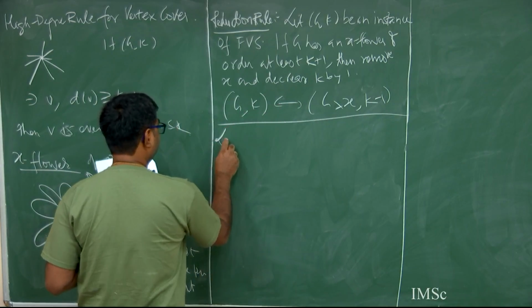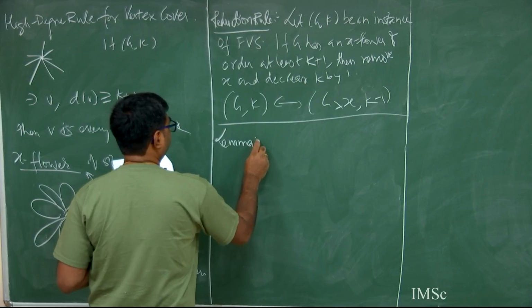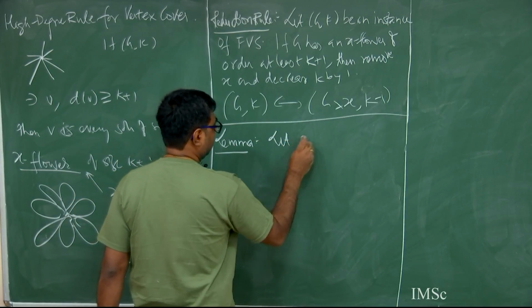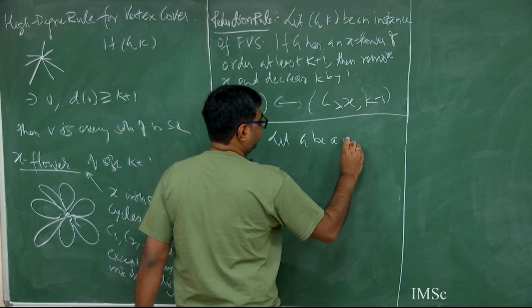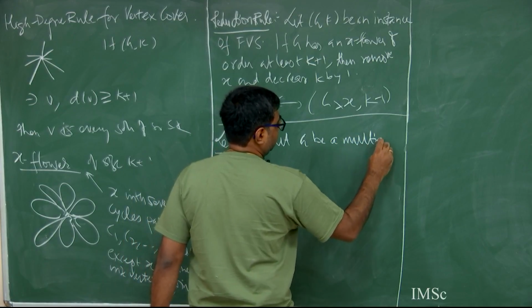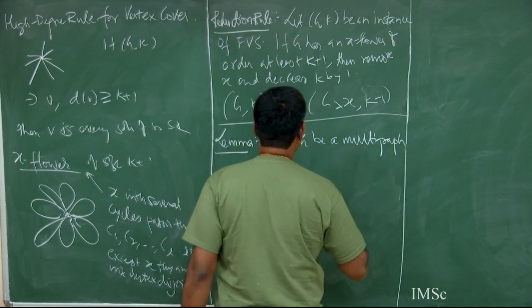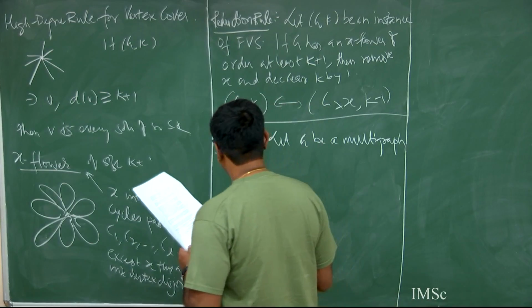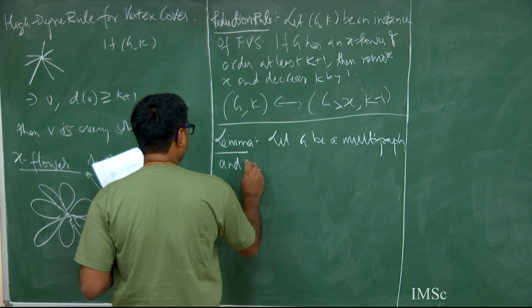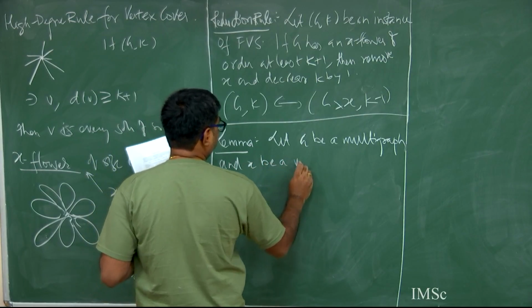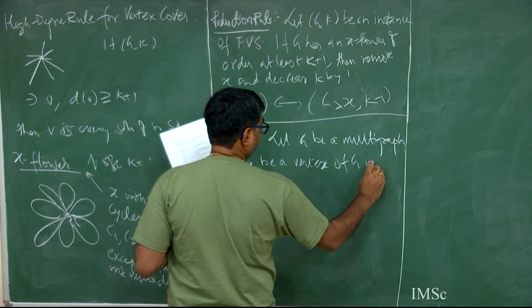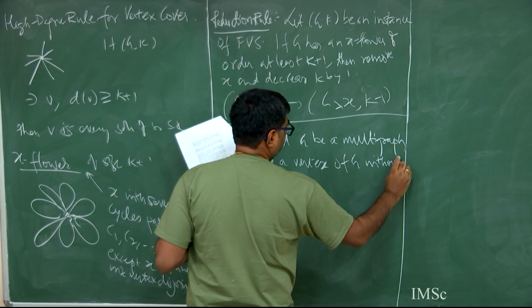So here's my lemma. Let G be a multigraph and X be a vertex of G without a loop.